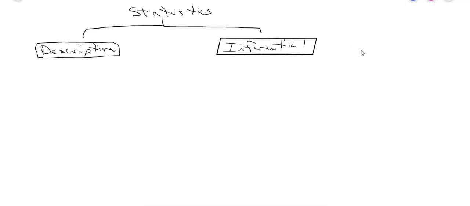So you end up collecting information from part of the population, and we call that a sample. You want to talk about the population based on that sample. Well, the first step is you have to see what you have in that sample. You have to be able to describe what you got when you sampled from the population.